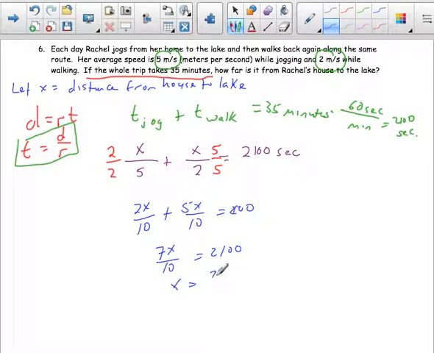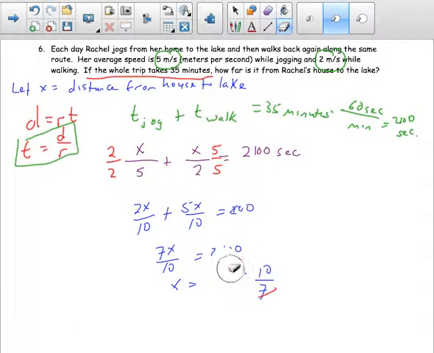Multiplying both sides of the equation by 10/7, I'll figure out what the distance to the lake is in meters. I can divide 2,100 by 7. I'll get 300. Sorry about that, let me fix it.